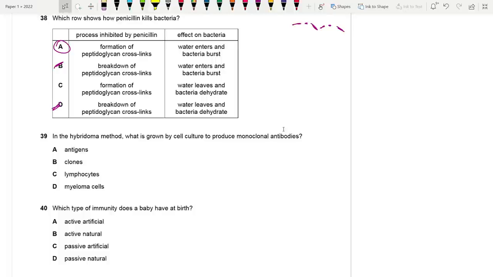Then we combine the B lymphocytes and myeloma cells to get the hybridoma cells. So lymphocytes plus the myeloma or cancer cells gives us the hybridoma cells. So it's not the myeloma cells, because we are combining them with lymphocytes. It's not these two, and we inject the antigen into the organism, so it has to be clones. Hybridoma cells are the clones basically.